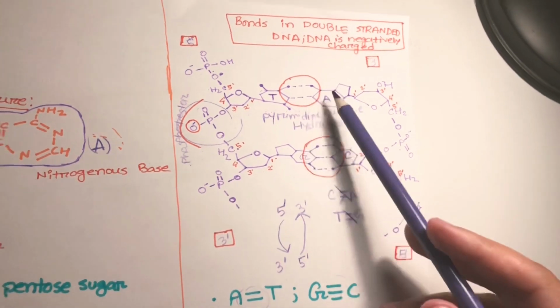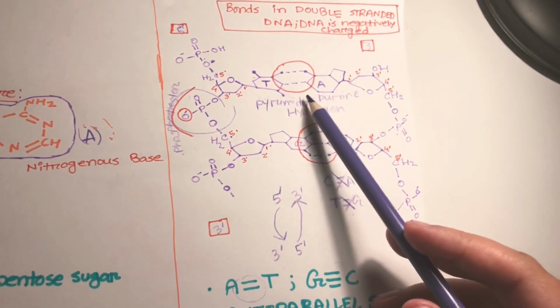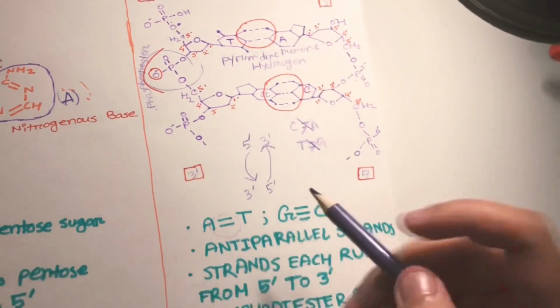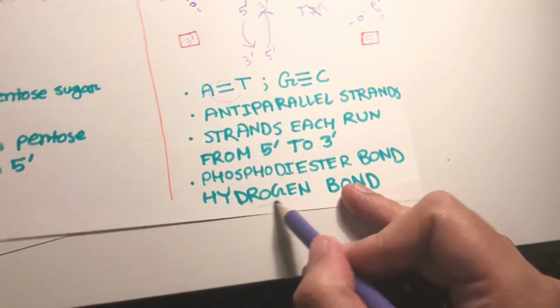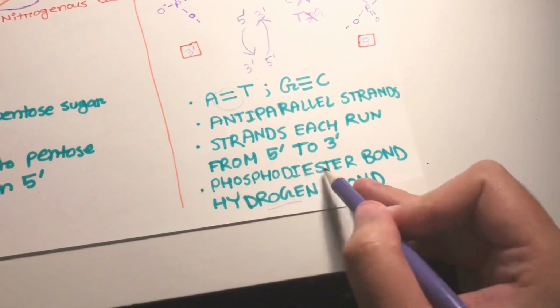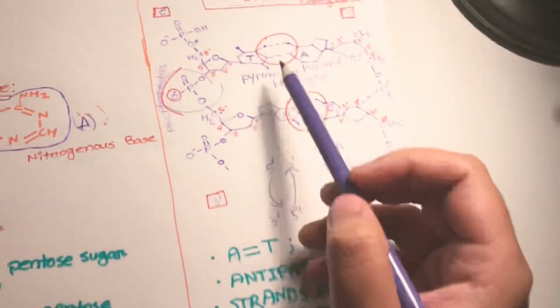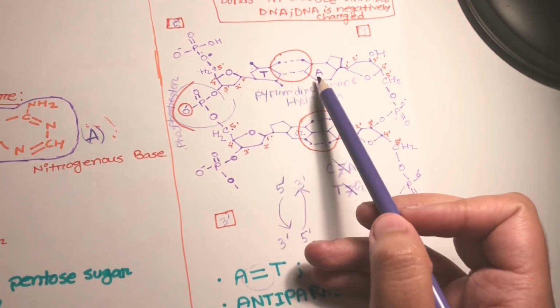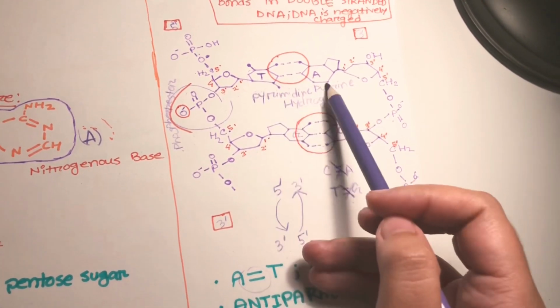Let's look at the bonds which are present in our double-stranded DNA. There are 2 bonds: one is the hydrogen bond and another is the phosphodiester bond. The hydrogen bond is present between 2 nitrogenous bases from each strand.